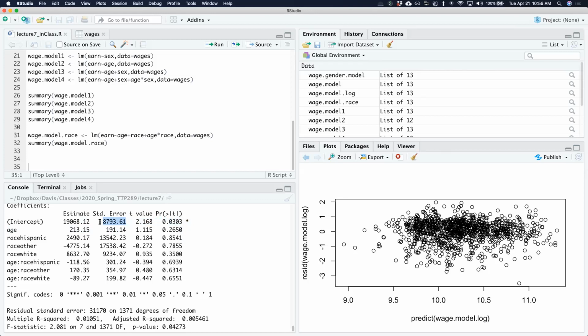And then there's this question of, does that mean that we should pull the variables out of the model?